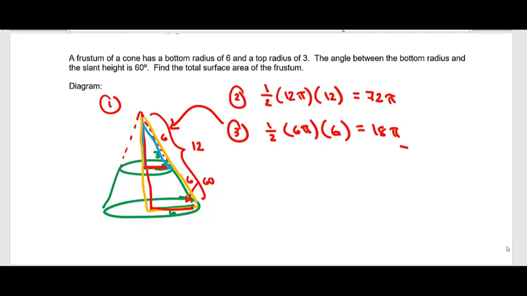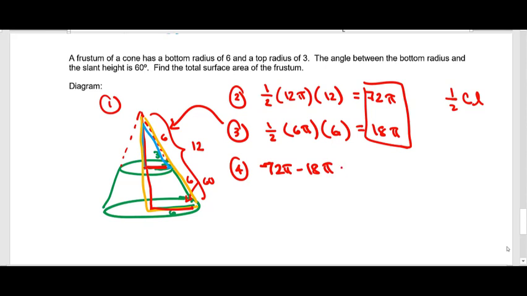And I'm just going to take those two and subtract. If I go ahead and subtract those, I'm going to end up with a lateral area of 72 pi minus 18 pi, which gives me 54 pi. That's going to be my lateral area of the frustum.